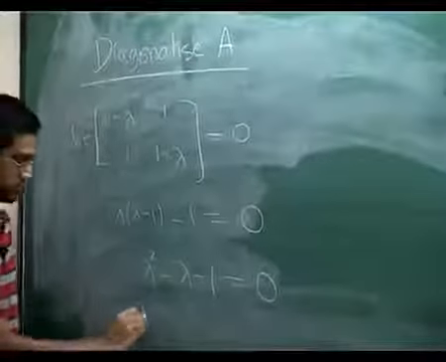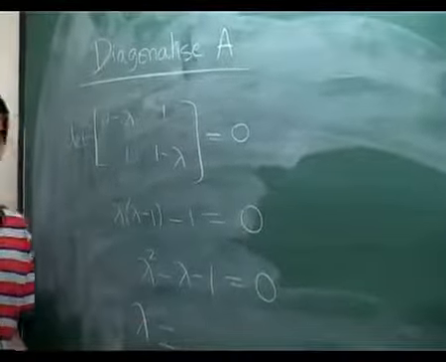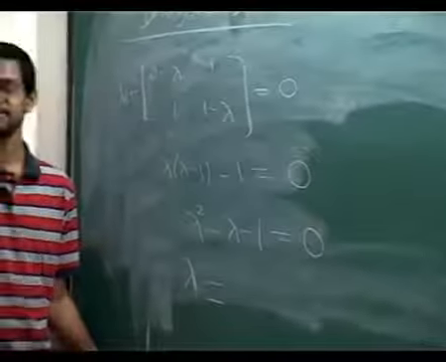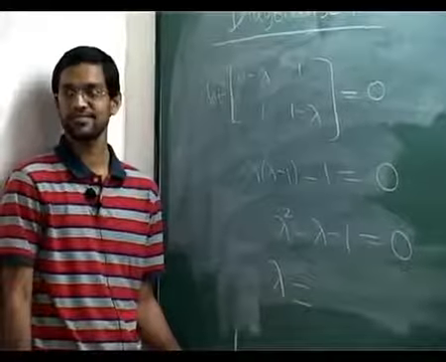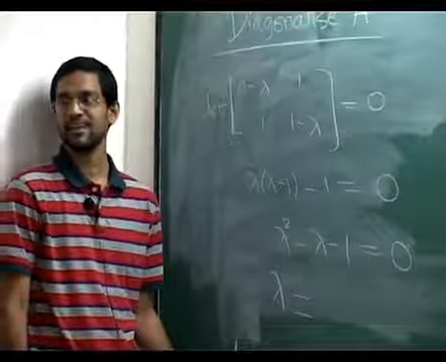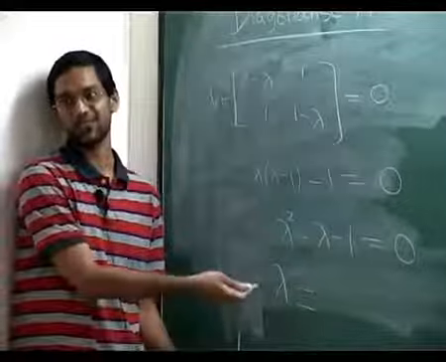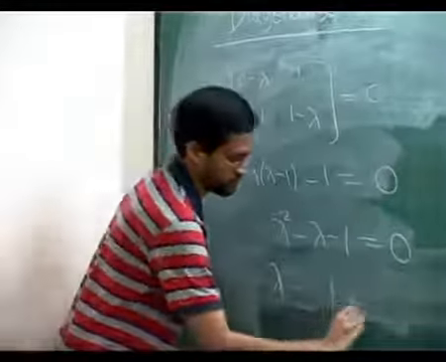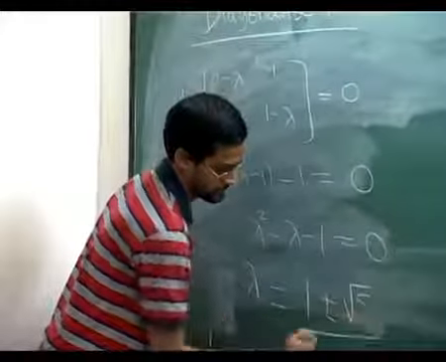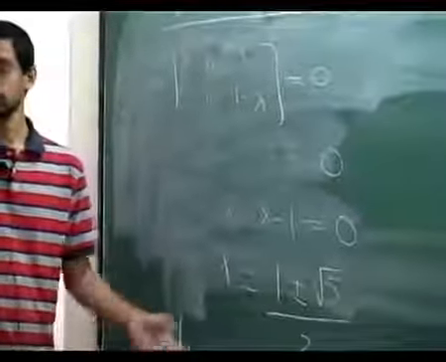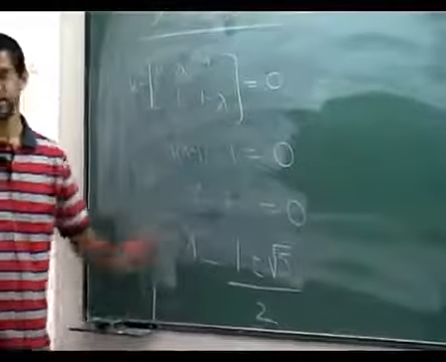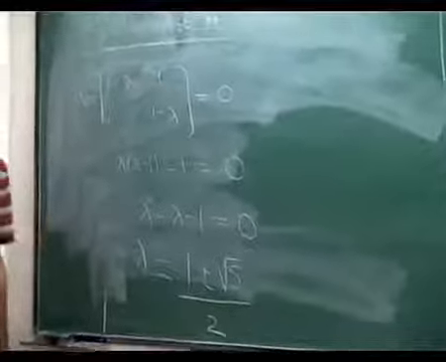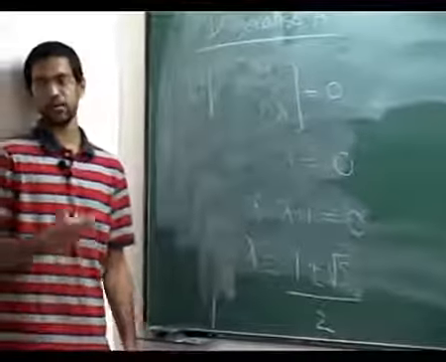What are the roots of this equation? It's not two easy roots. You have to use the quadratic formula, right? It's (1 plus or minus root 5) by 2. Just use the quadratic b squared minus 4ac kind of thing. Those are the two values, the eigenvalues, and corresponding to these you will find two eigenvectors.